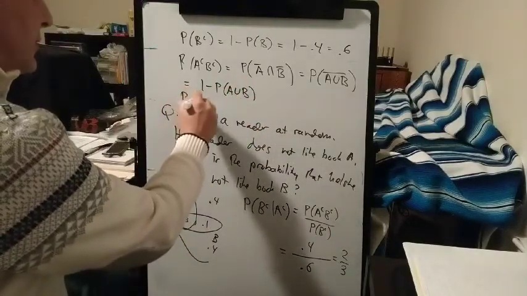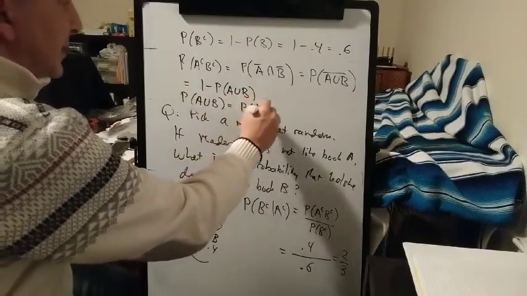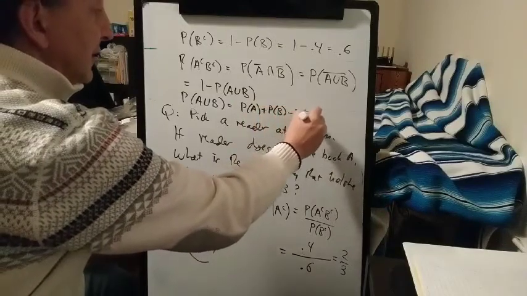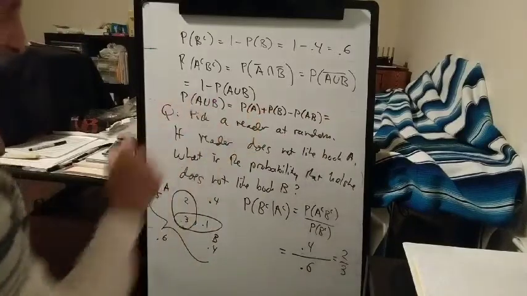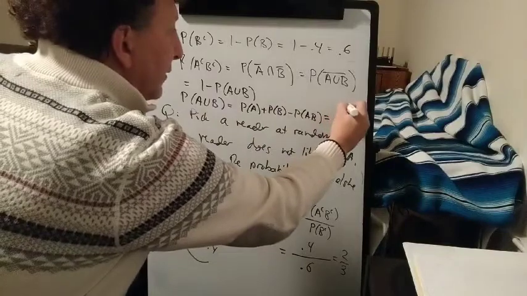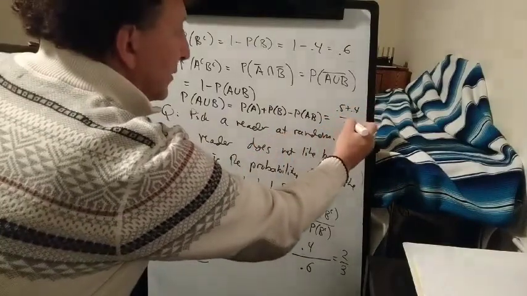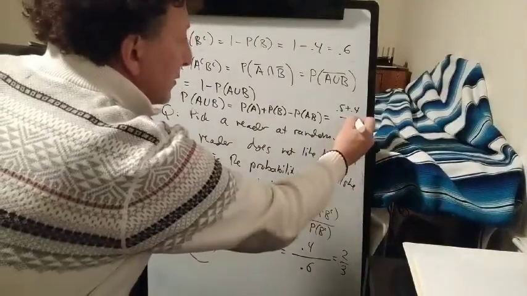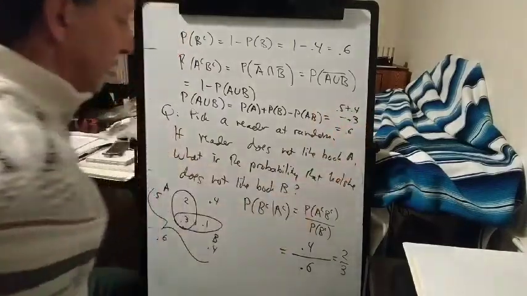And the probability of A union B is probability of A plus probability of B minus probability of the intersection, which is, these numbers are all given to us. 0.5 plus 0.4 minus 0.3. So 0.9 minus 0.3 is 0.6.